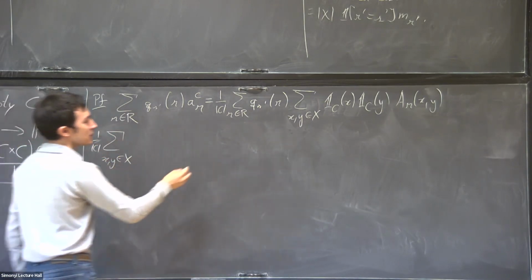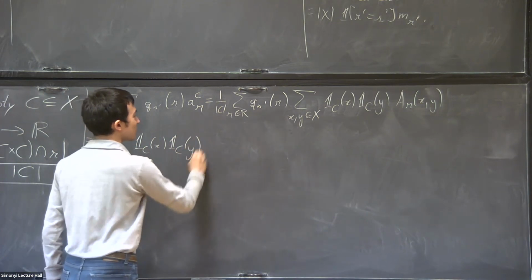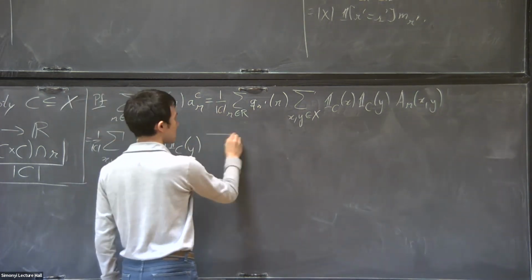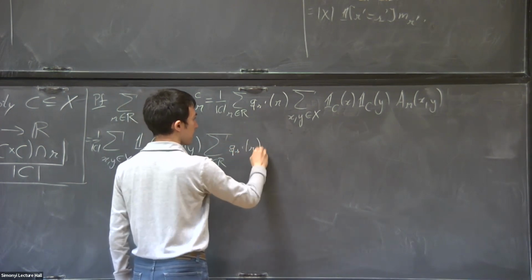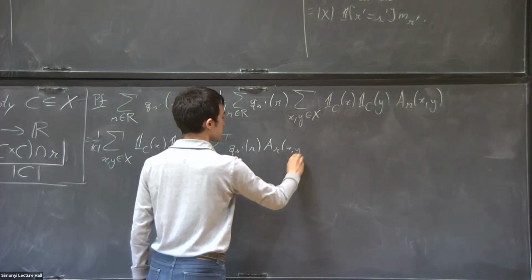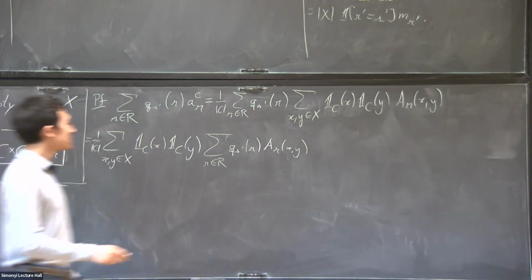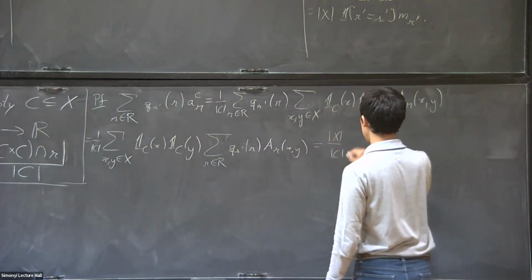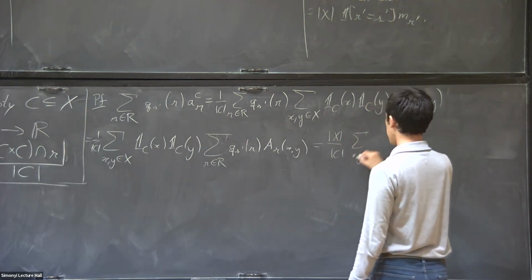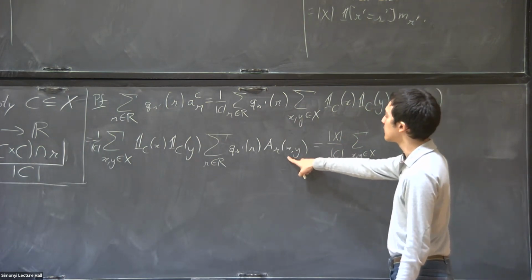So you have 1 over |C|, sum over X in C, Y in C. And then you see that it was a good idea to swap, because now again I get the E matrix in disguise, except that perhaps I'm missing a factor.